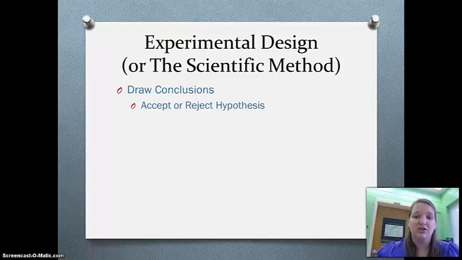If you're rejecting your hypothesis, you would state that your data does not support your hypothesis, in which case you're rejecting your hypothesis and your hypothesis was incorrect. Sometimes you might go back and rewrite your hypothesis and run more experiments using that new hypothesis in order to come up with an answer to your question or problem.